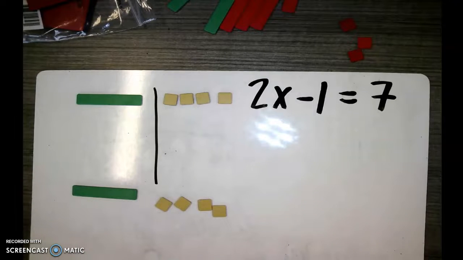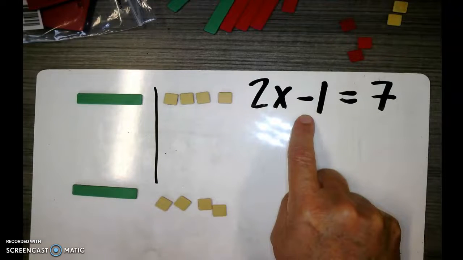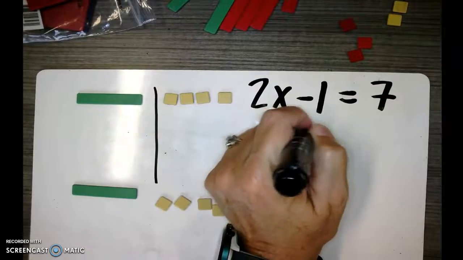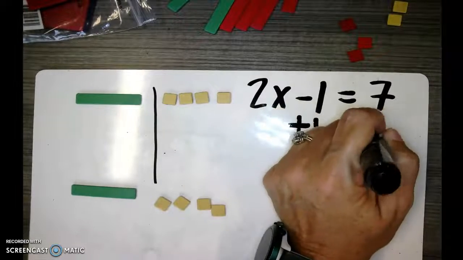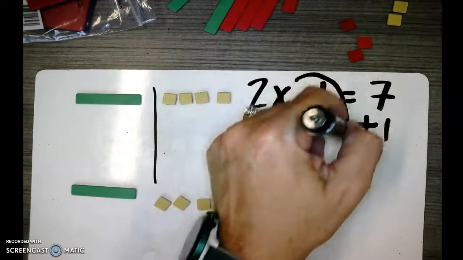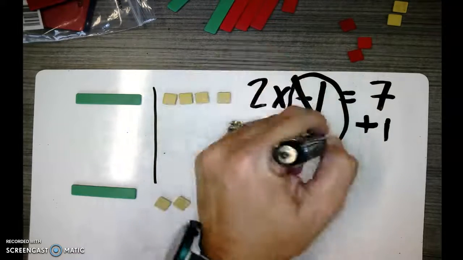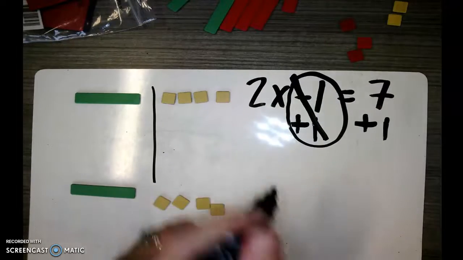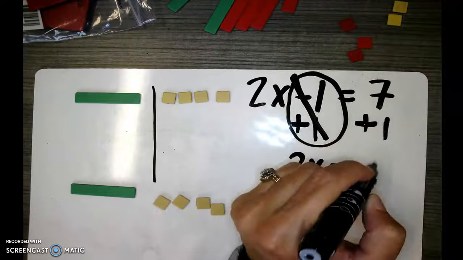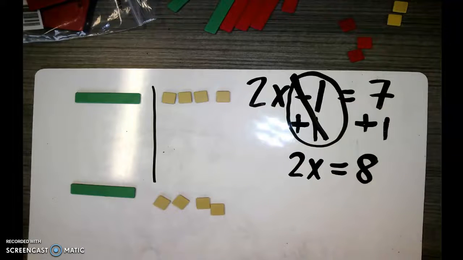Now when we work on solving the equation, we removed the -1 first by doing the inverse operation, which is adding 1. So I need to add 1 to both sides. -1 plus 1 makes that 0 pair, and it zeroes out and goes away. So I'm left with 2x on the left side, and 7 plus 1 is 8 on the right side.